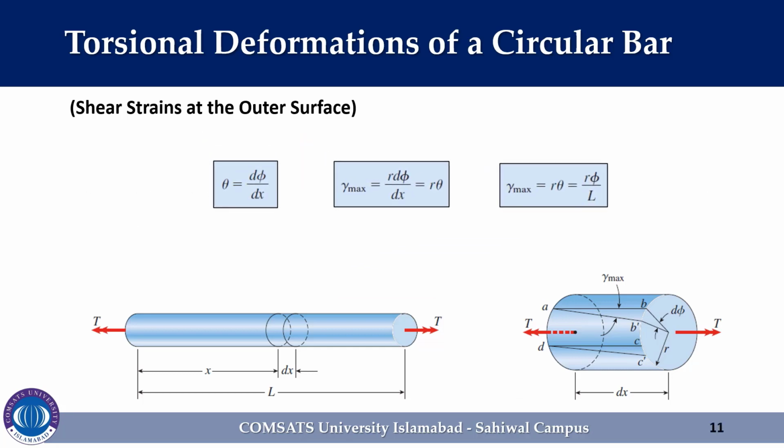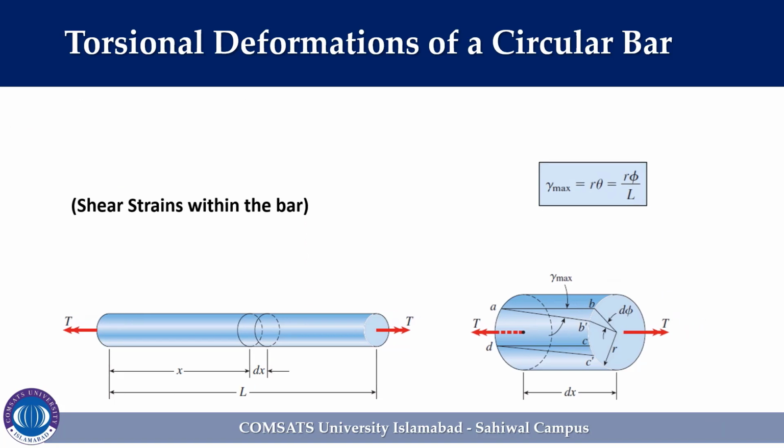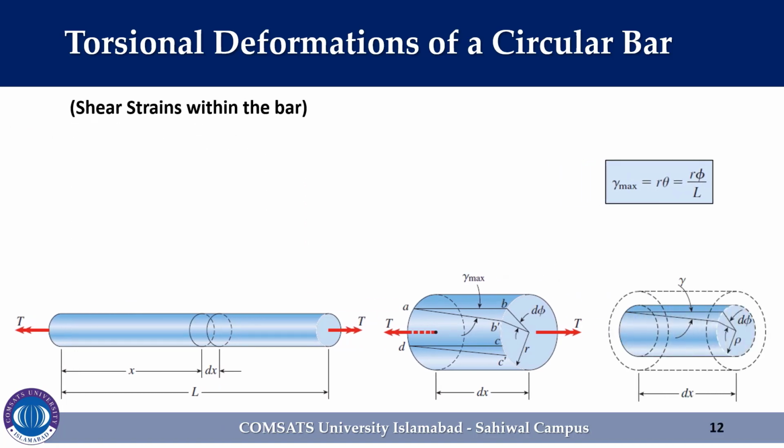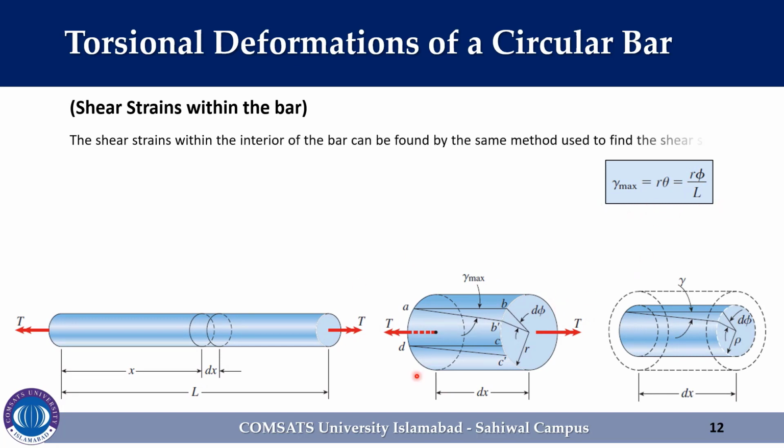After discussing shear strain at the outer surface, now we will study shear strains within the bar. The shear strains within the interior of the bar can be found by the same method used to find the shear strain gamma maximum at the outer surface, because radii in the cross sections of a bar remain straight and undistorted during twisting. The preceding discussion for an element A, B, C, D at the outer surface also holds for a similar element situated on the surface of an interior cylinder of radius rho.